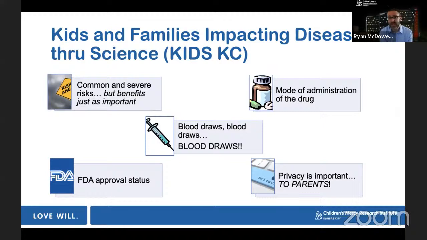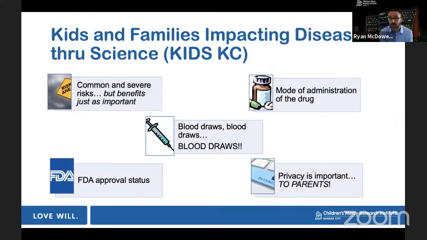So we asked them the same thing, talked about this new requirement for key information and what were the most important things to them, either when they participated or if they could envision participating in a study.